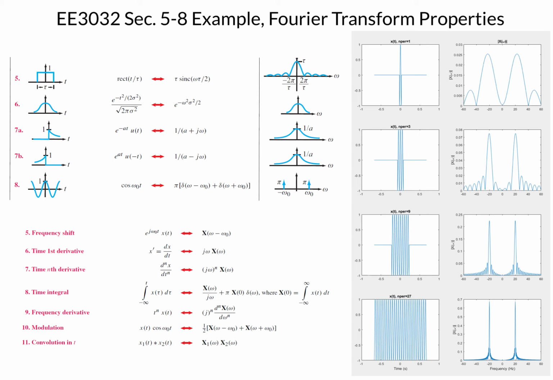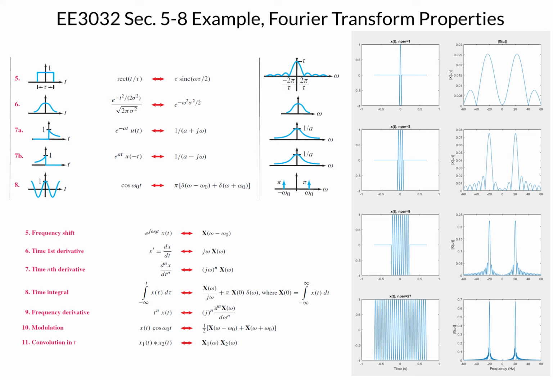So these sinc functions are going to have area equal to 1 before the scaling here by pi, and they will get closer and closer to impulses at 20 hertz and minus 20 hertz as I increase the number of cycles.